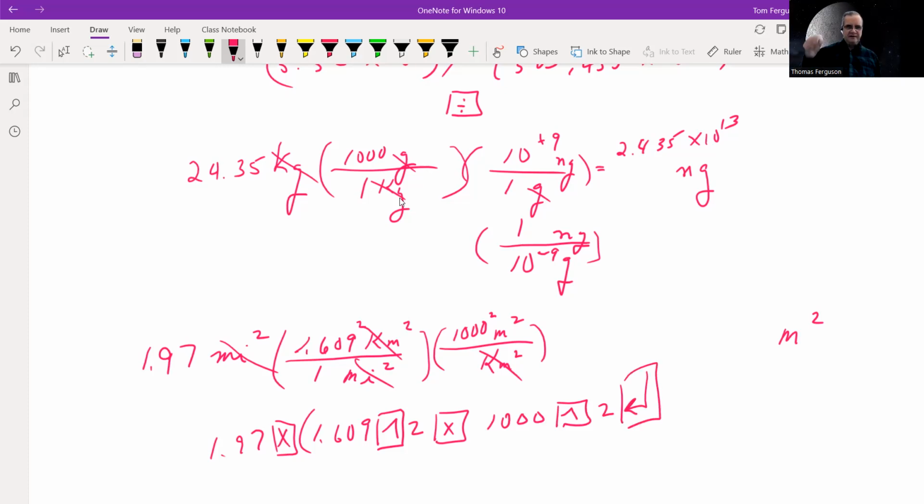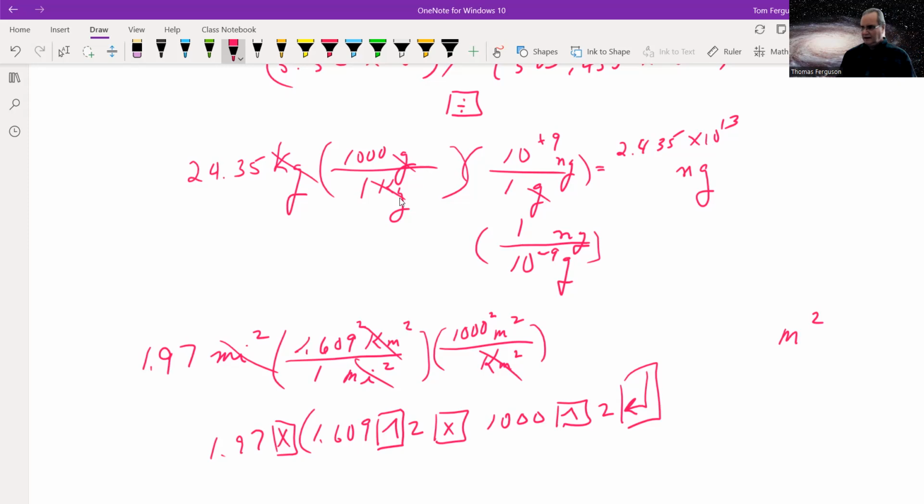So you go 1.97 times 1.609 caret 2 times 1000 caret 2, enter. And some of the TI calculators have got an X squared.